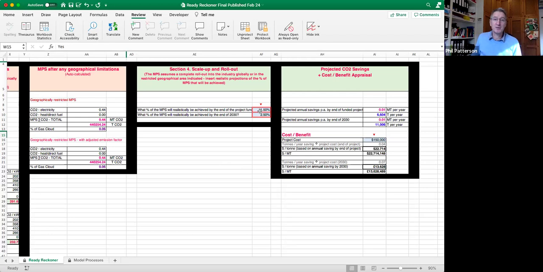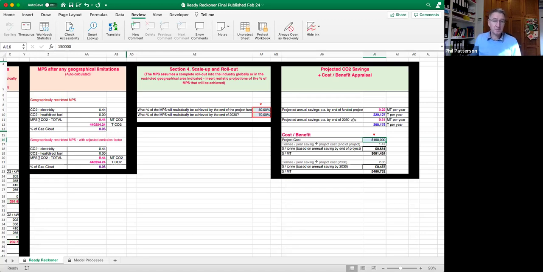So in this situation, if you could reach 50% of those facilities by the end of the funded project, and you could reach 70% by 2030, we can then see this computes through to 0.22 megatons per year savings per annum by the end of the funded project, and 0.31 megaton savings per annum by 2030. So there's an example of how to do something with a geographical restriction.